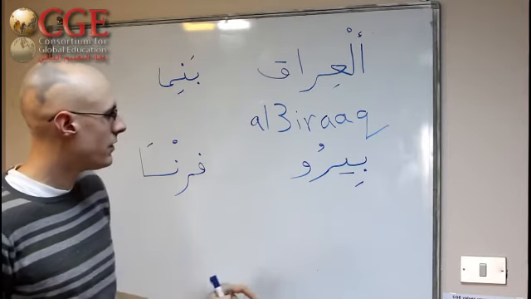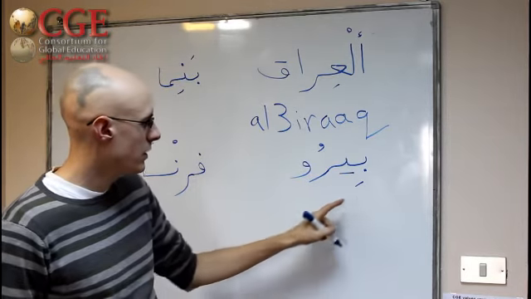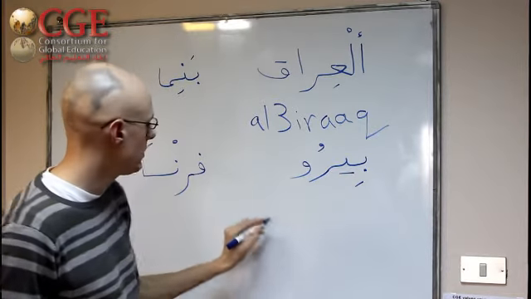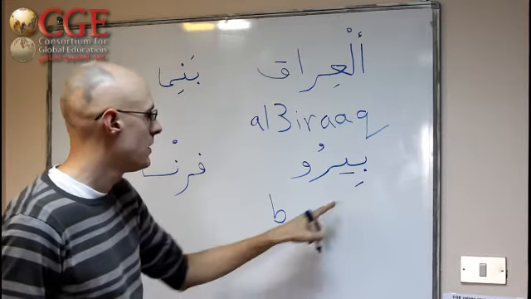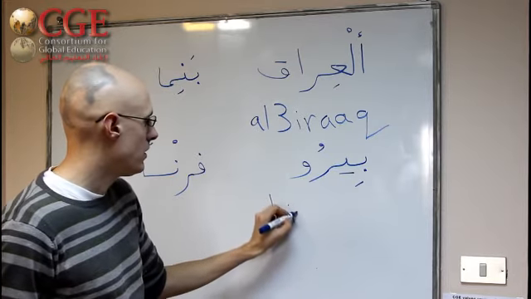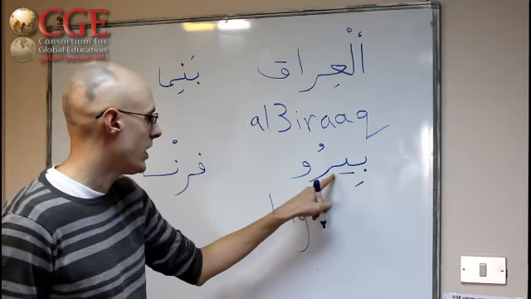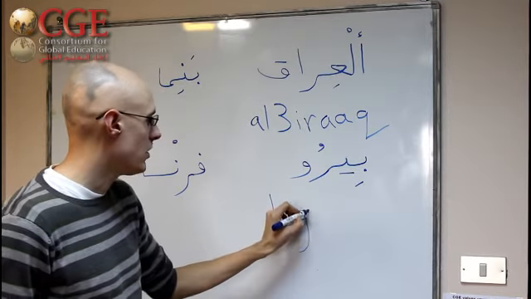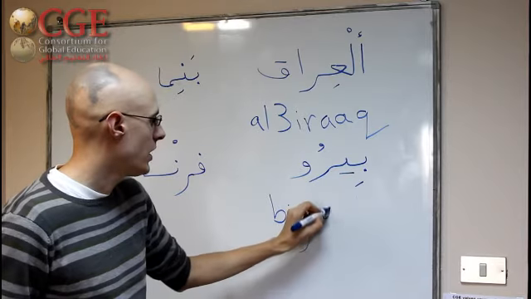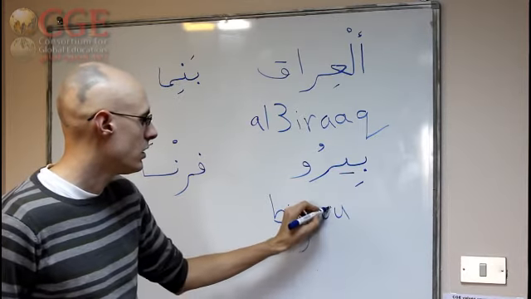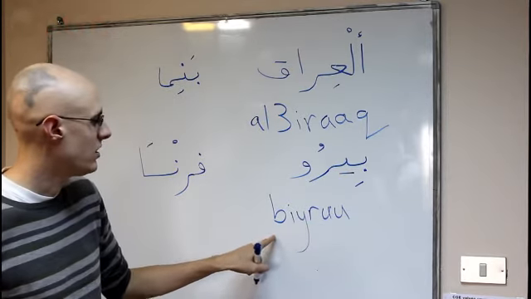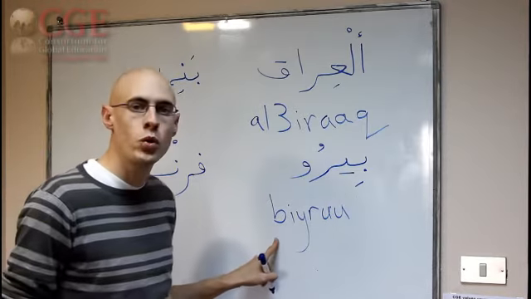Okay, now let's try the one underneath. We have a B, dot on bottom is B, followed by a long I. Then we have that line going down is an R, followed by a long U class vowel. So it's pronounced Biru.